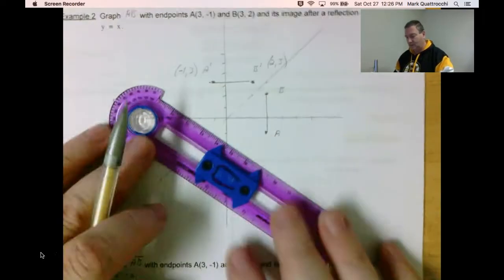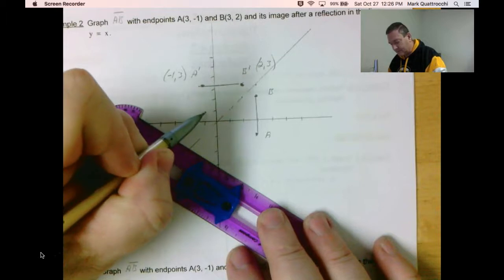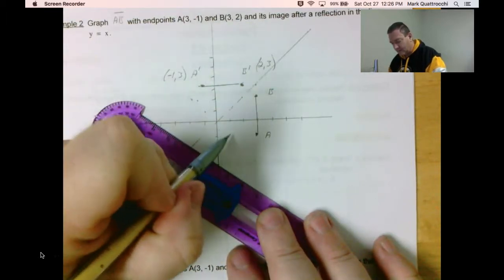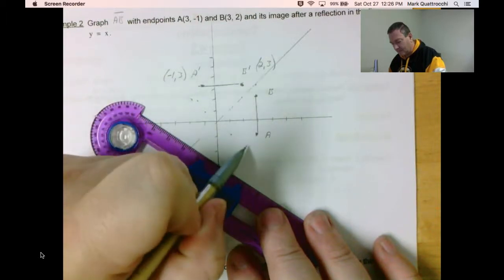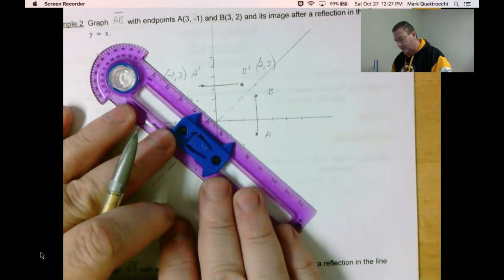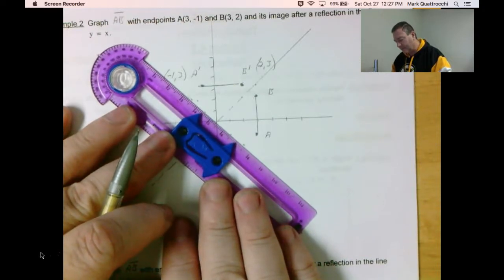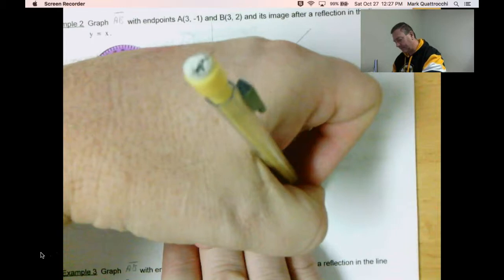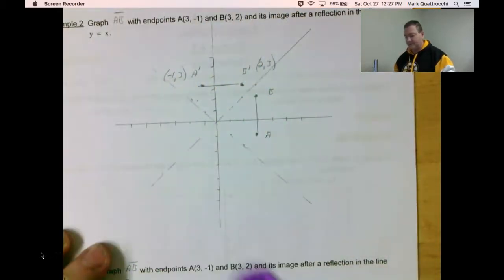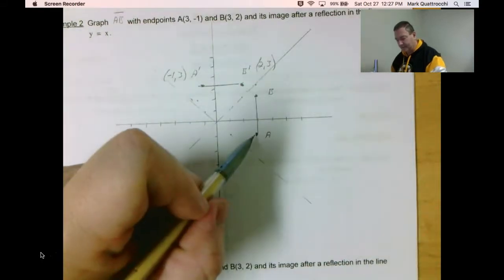So the line y equals -x goes through (-1, 1), (-2, 2), (1, -1), (2, -2), and has a slope of -1. There's the line y equals -x.